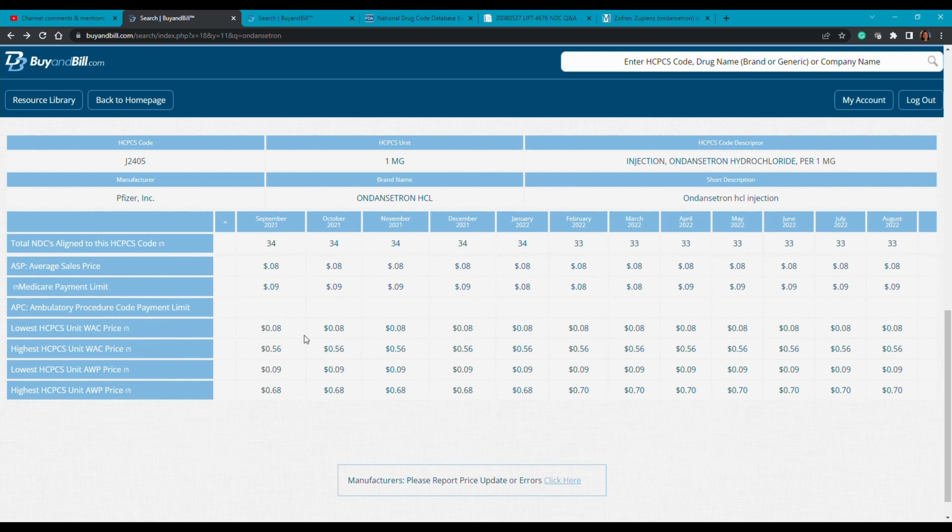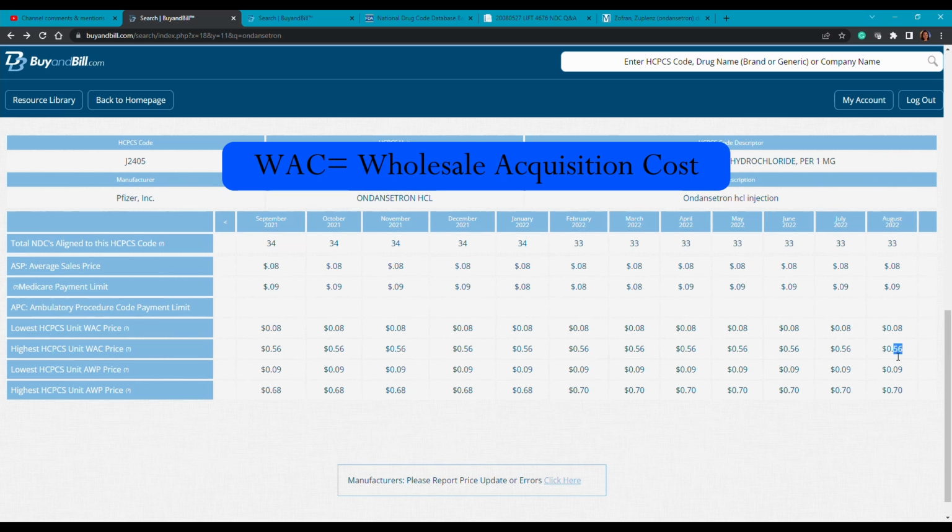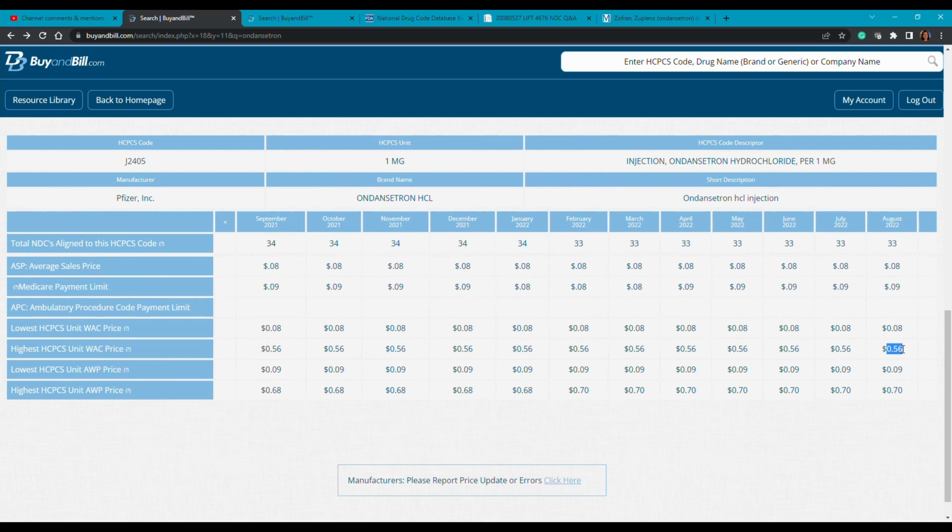And as you can see here, this is really nice because it will kind of tell you by the month where it's getting the lowest and highest reimbursement. So let's say you are going off of your highest WAC price and it's 56 cents a unit reimbursement.